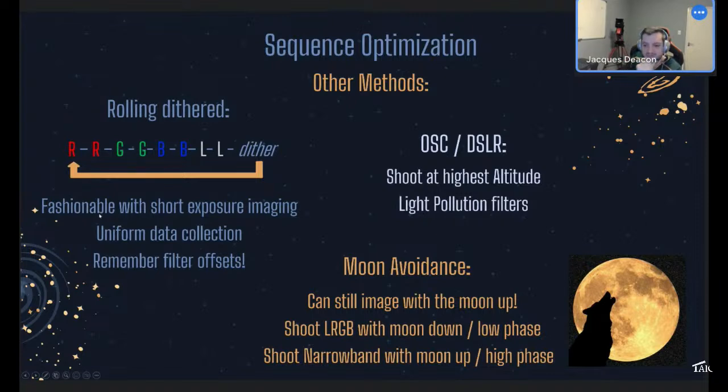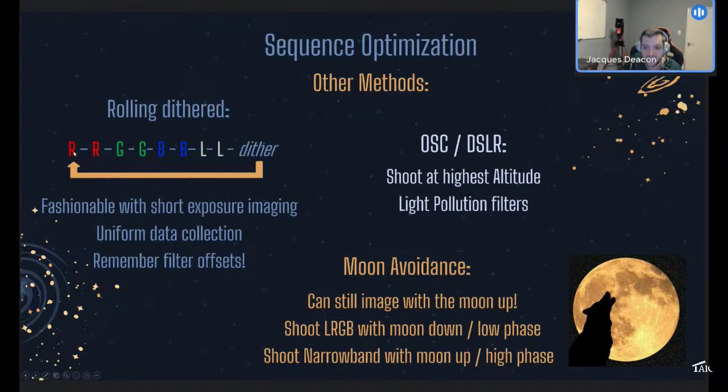Also a nice property of this method is that you have uniform data collection. What that means is you start at the beginning of the night, and halfway through clouds roll in, and you have to stop imaging.